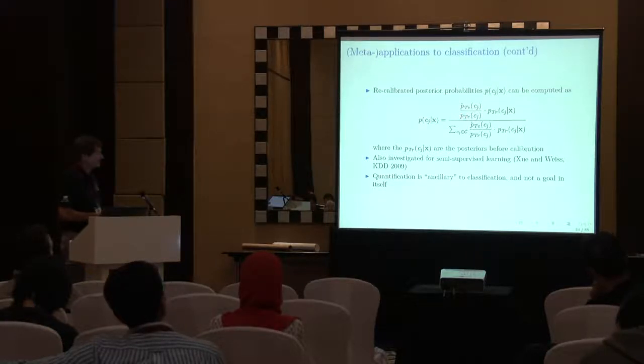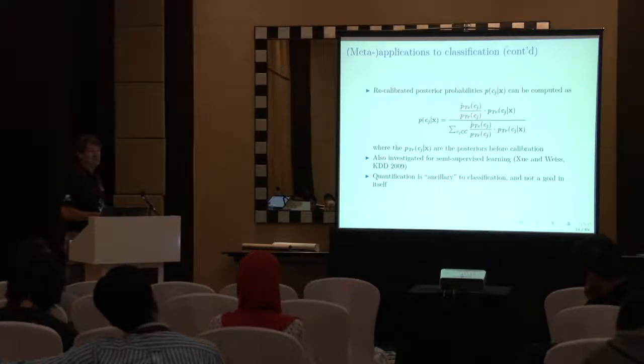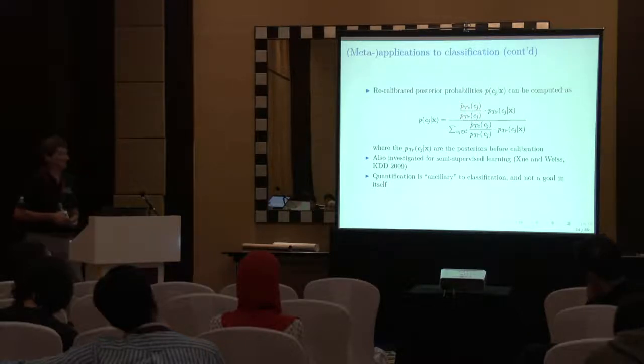It says that the new posterior probabilities P(Cj|x) should be computed as the old posterior probabilities, the ones that you estimated on the training data, times the ratio of the new class priors versus the old class priors. It's very easy to do this recalibration once you have estimated the new class priors, which is indeed the task of quantification.